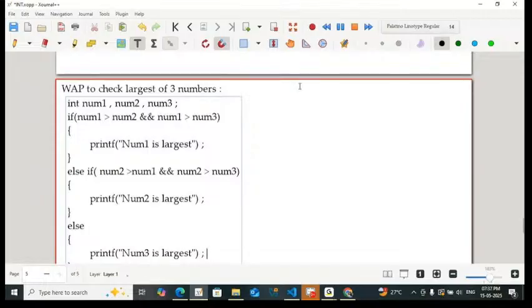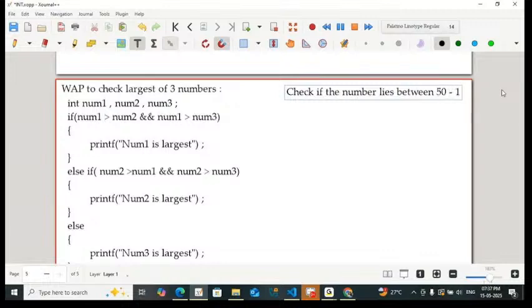Now tell me one more question. How to check if a number lies between 50 to 100? Okay, check if the number lies between 50 to 100. How to check that?